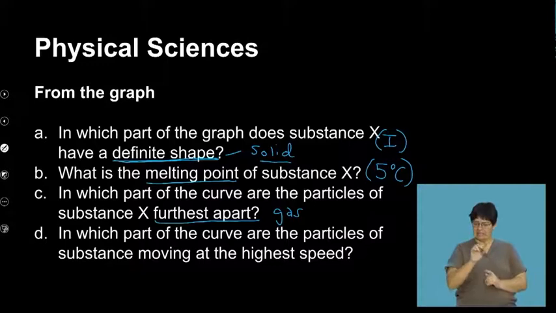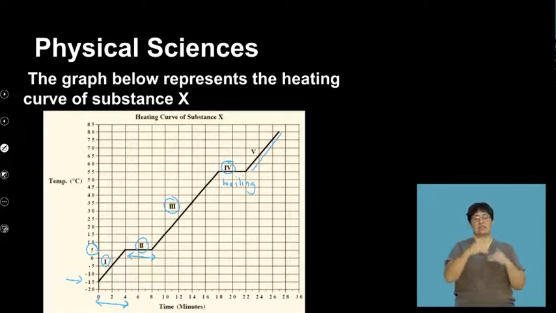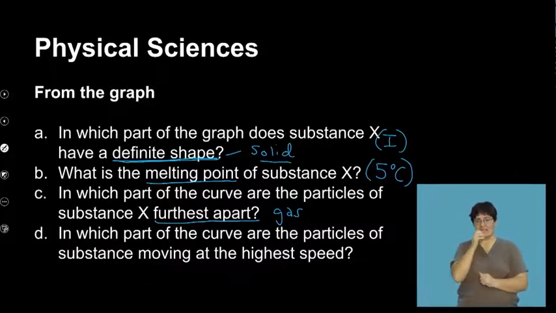If we go back to our graph, we would understand that at stage 5, it's already a gas, and now we are hitting gas particles. They're moving even faster. But do not confuse that with stage 4, because stage 4 involved the transition, or the change, from liquid to gas. So at stage 5, we appreciate that this substance was a gas.